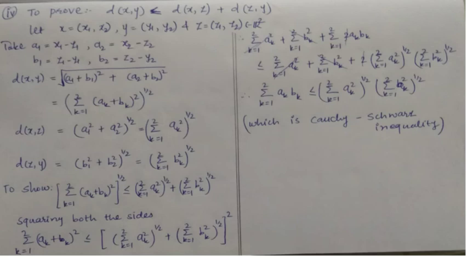So you can see that ak square gets cancelled, bk square gets cancelled, and these two terms are left. In these two terms, the 2 is also cancelled.